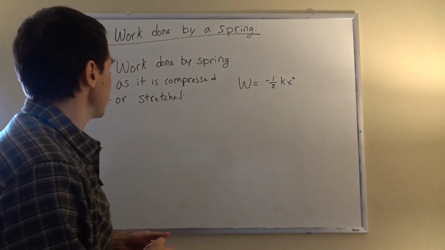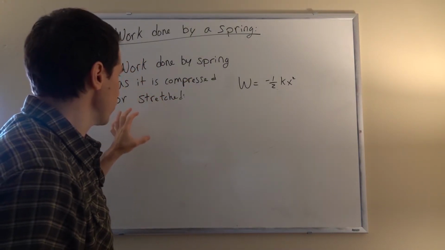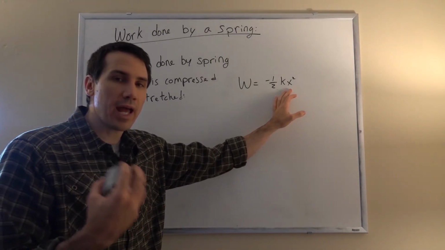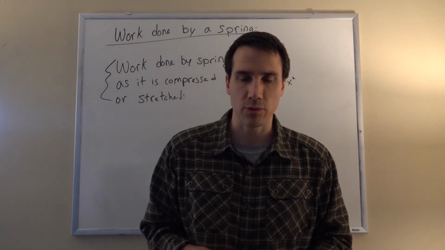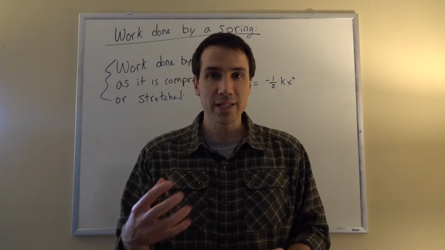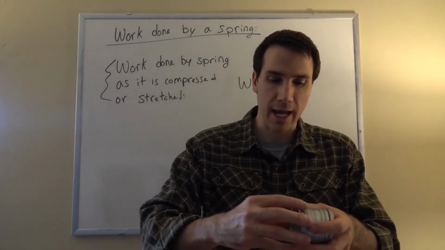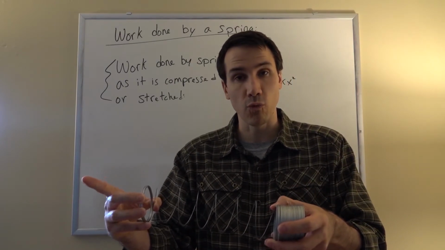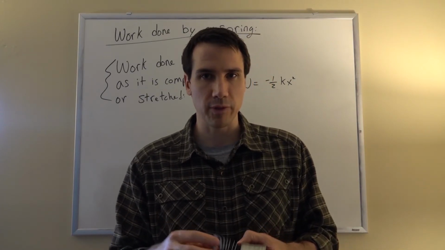We just found that the work done by a spring as it is compressed or stretched is equal to negative 1/2 kx squared, where x is the amount that the spring is compressed or stretched. So this work is always negative as it is compressed or stretched, because as I pull the spring, its displacement vector points away from equilibrium and the force always points back toward equilibrium.